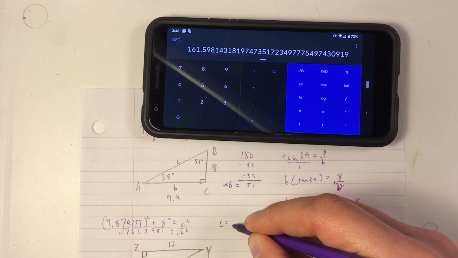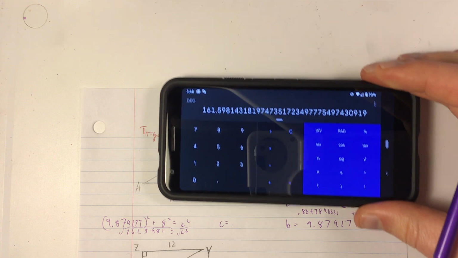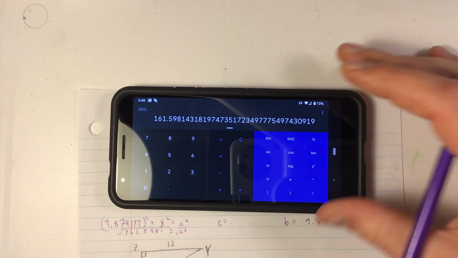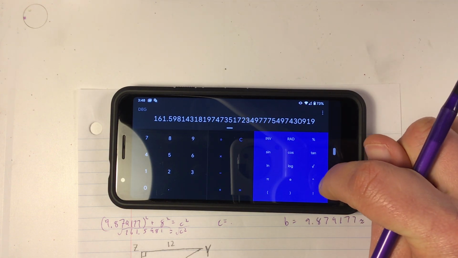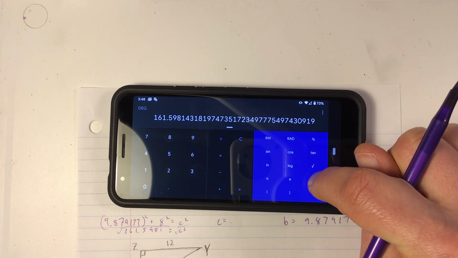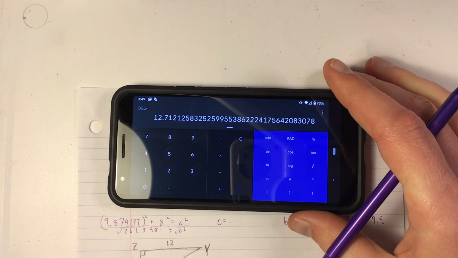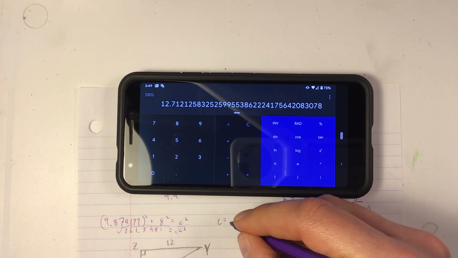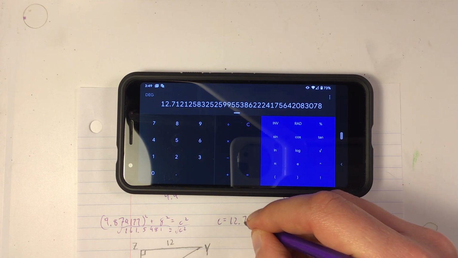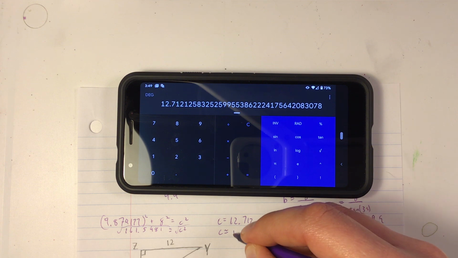C is equal to the square root of that. I can either type all that in again, or if we remember our trick, we can actually raise this to the 0.5. That's the same thing as a square root. So it should be 12.712, and if we round to the nearest tenth, c is approximately 12.7.